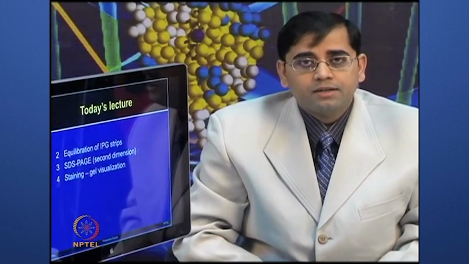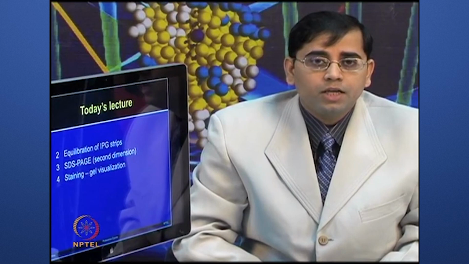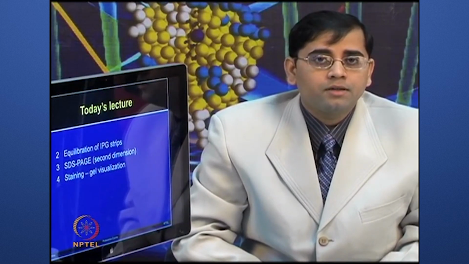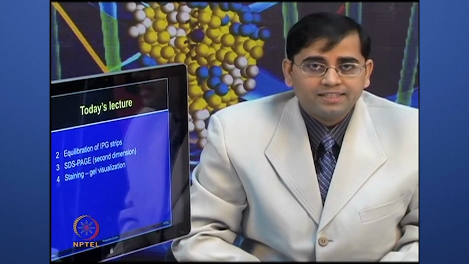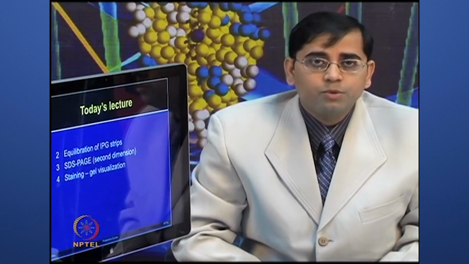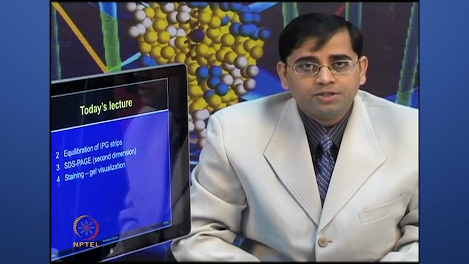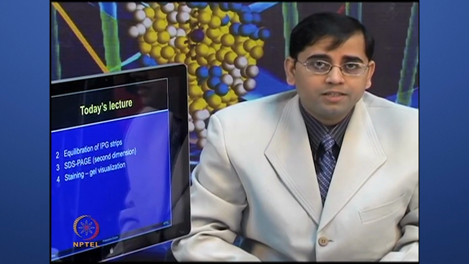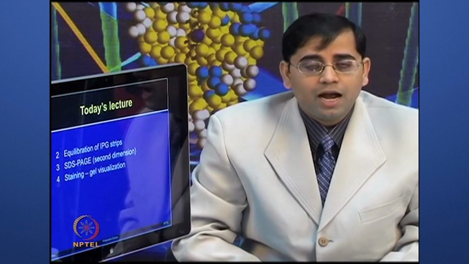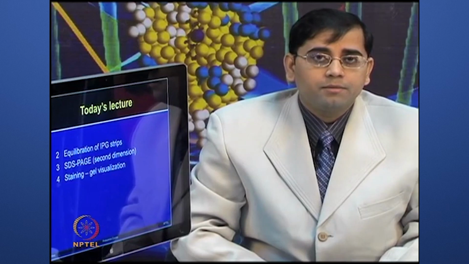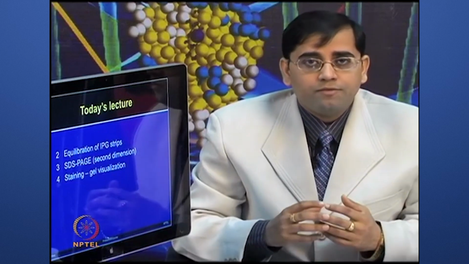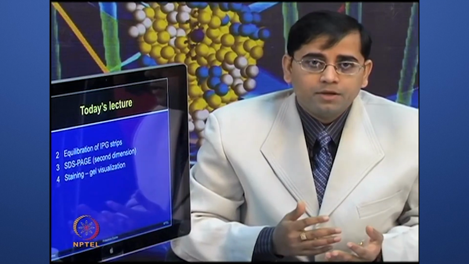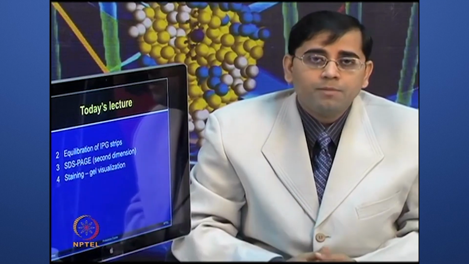Today we will focus on the equilibration step, how to equilibrate the IPG strip, and how to perform SDS PAGE, which is protein separation in the second dimension based on molecular weight. Fourth is the staining procedure, how to visualize your gel, because many times you have problems of low abundance protein, or sometimes you are lucky and you have a good protein amount.